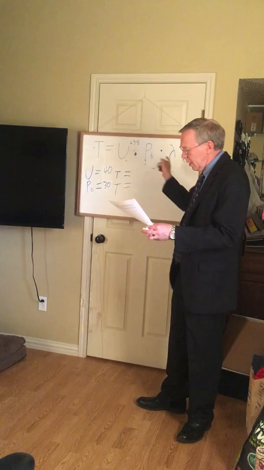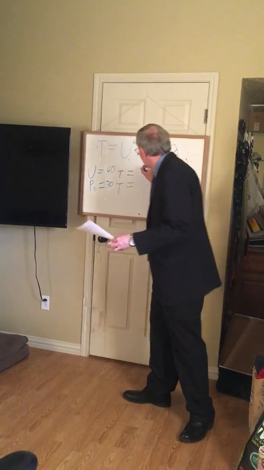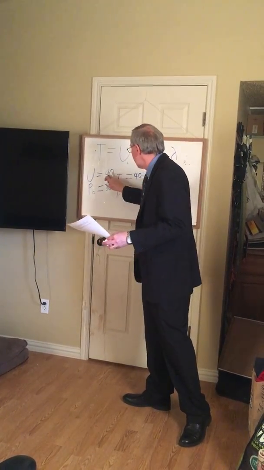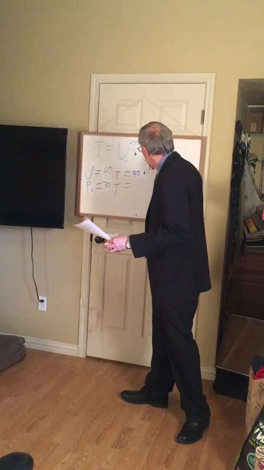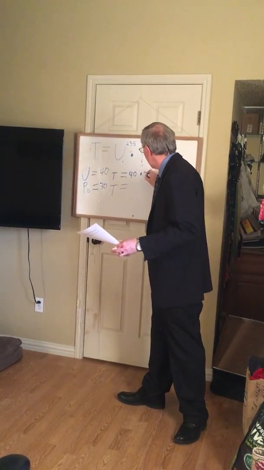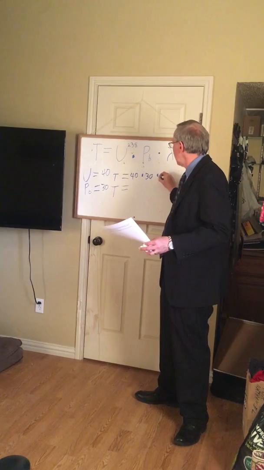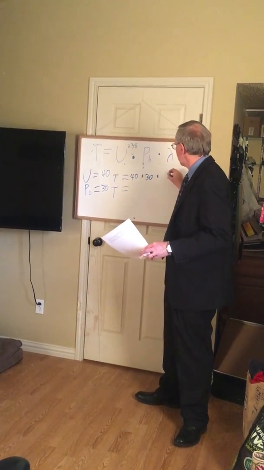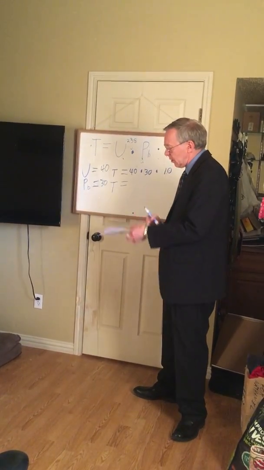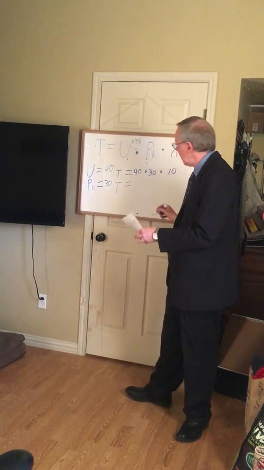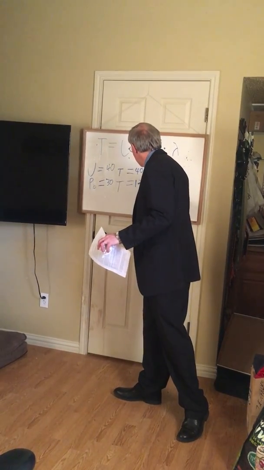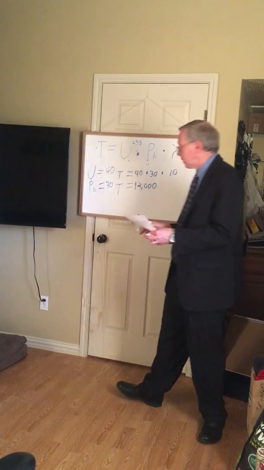Using our formula, we substitute for uranium 40 grams times our lead, which is 30 grams, times our lambda constant, which in this case is 10. So therefore, we multiply that together and we get the age of the meteorite as 12,000 years.